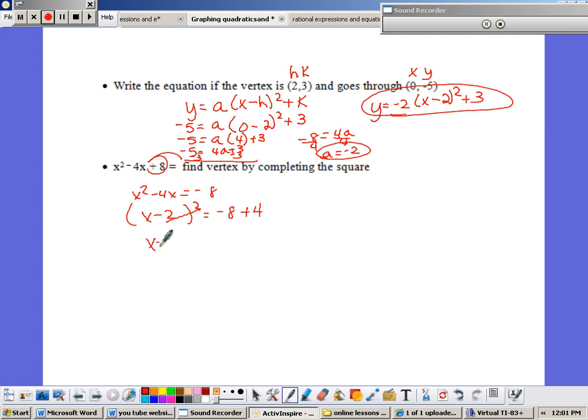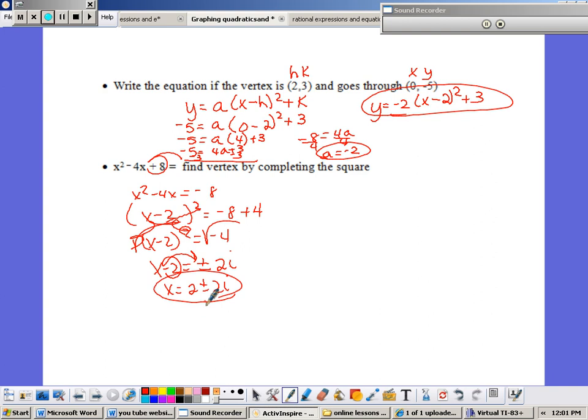Now I have x minus 2 squared equals negative 4. Square root it. This will go away. X minus 2 is equal to plus or minus 2i. Move my 2. X is equal to 2 plus or minus 2i.